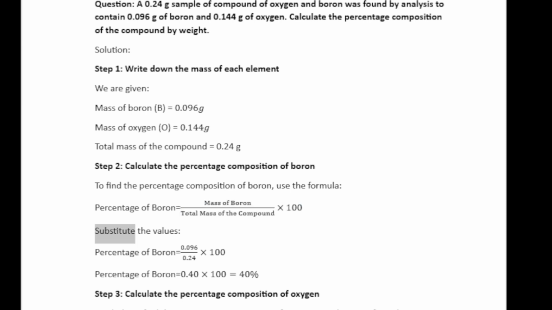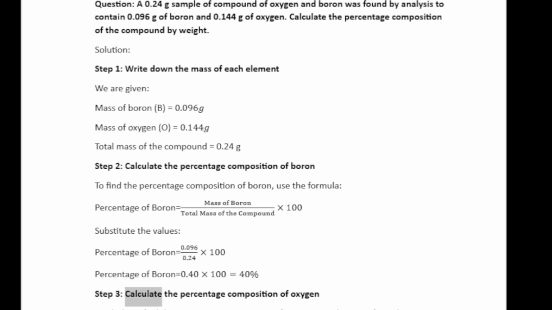Substitute the values. Percentage of boron is equal to 0.096 over 0.24 times 100. Percentage of boron is equal to 0.40 times 100 equals 40%.